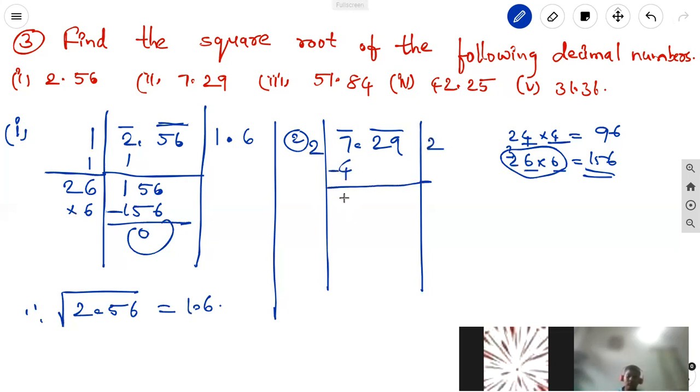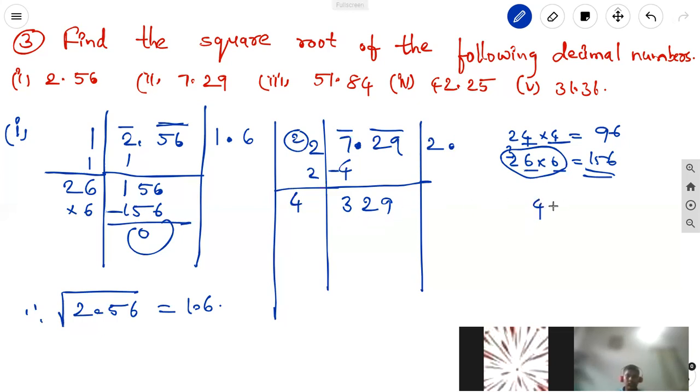Subtract, 7 minus 4 is 3. Double of the quotient, that is 4, for the next step. Put the point and write the decimal part 29 beside the 3, so the dividend is 329.